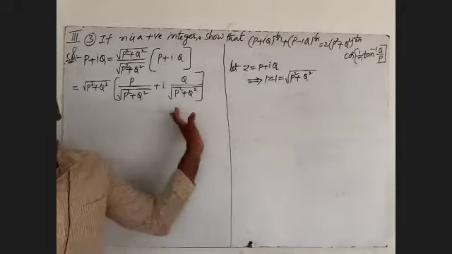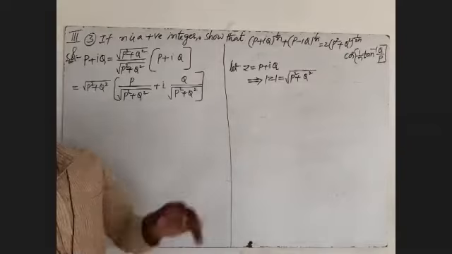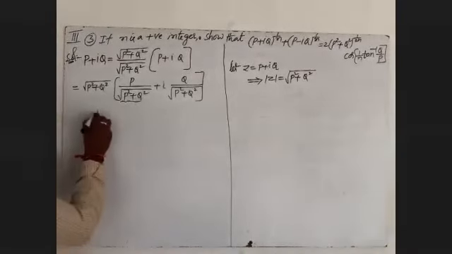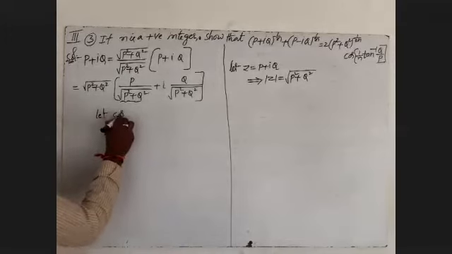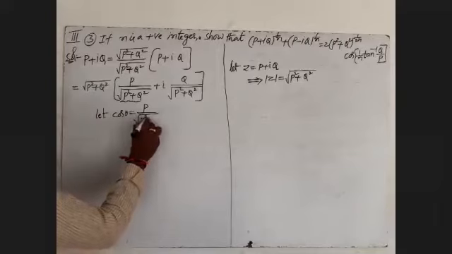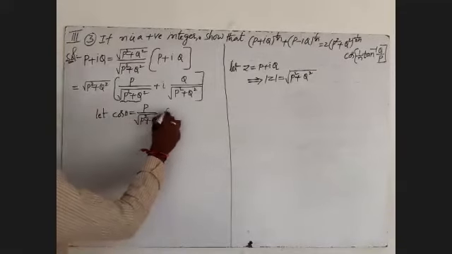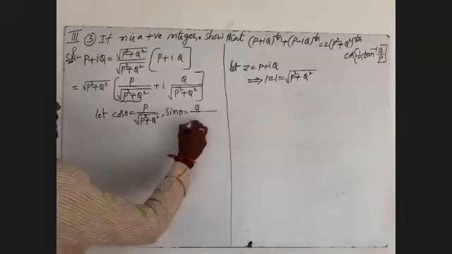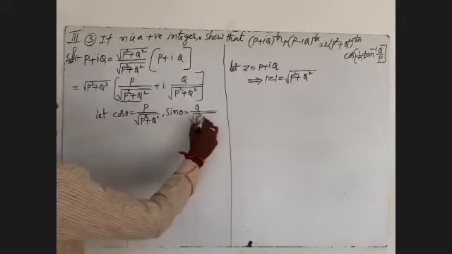We'll observe the given complex number is of the form cos theta plus i sin theta. Let cos theta be equal to p by root of p square plus q square. Again we take sin theta equal to q by root of p square plus q square.